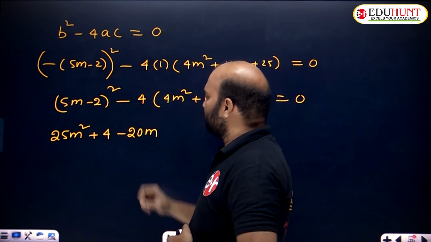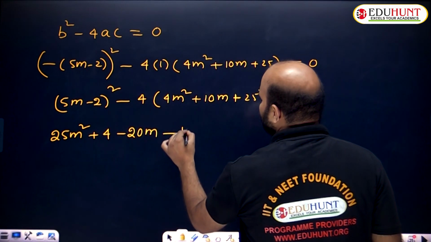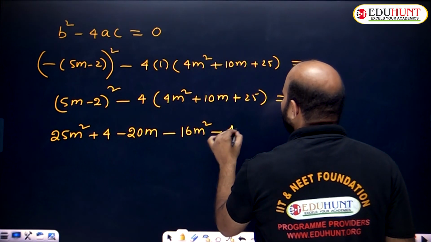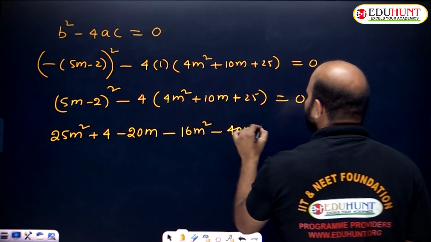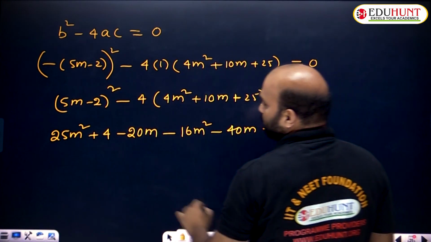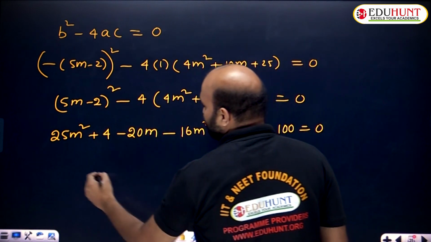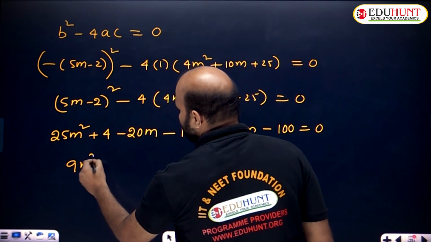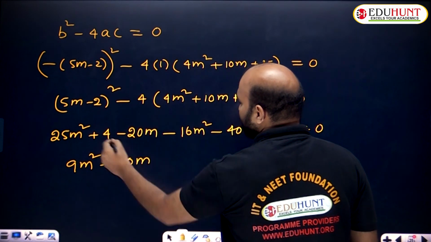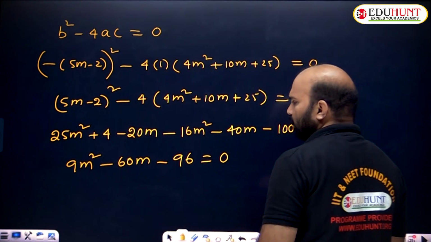Open it up: 5m square is 25m square, plus 2 square is 4, minus 2 into 5m into 2, which is 20m. Then minus 4 into 4m square is 16m square, minus 4 into 10m is 40m, and minus 4 into 25 is 100, equal to 0. So next: 25m square minus 16m square is 9m square; minus 20m minus 40m is minus 60m; plus 4 minus 100 is minus 96, equal to 0. Am I clear?